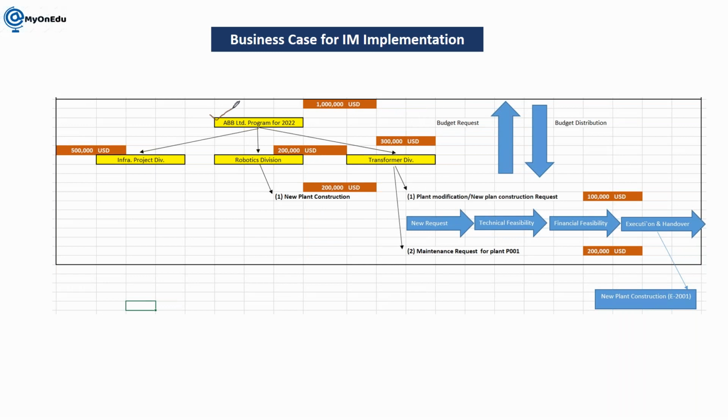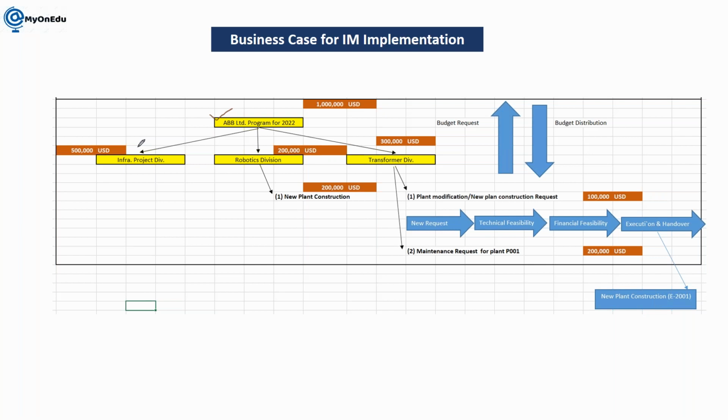This is an organization which has three different divisions. They have more divisions also, but in my example I'm just taking these three divisions to understand the business process here. ABB Limited has an infrastructure division. This division is doing customer projects. What kind of project?